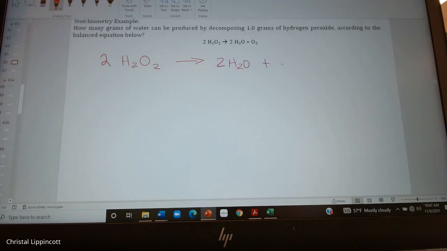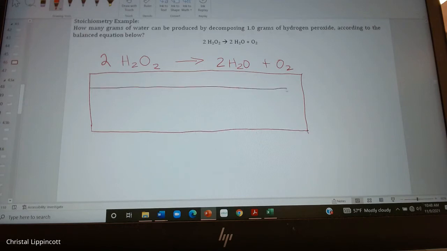this pen tablet. Okay. So remember with our BCA tables, depending on who you learned to do stoichiometry from, you may have learned to do this in a dimensional analysis or factor label method. I use BCA tables, and the reason why I use BCA tables is A, they're easier.